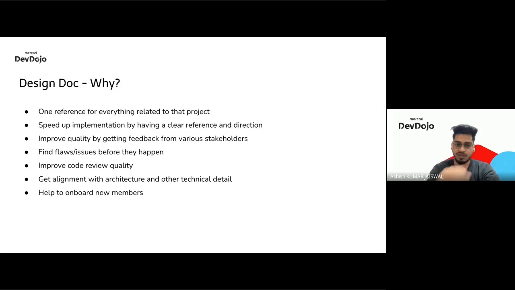While getting reviews from different stakeholders, there can be a lot of feedback regarding the spec and the design. There can also be feedback from a technical perspective from the architect team or other platform engineers, like we can do this as well, we can do that as well.